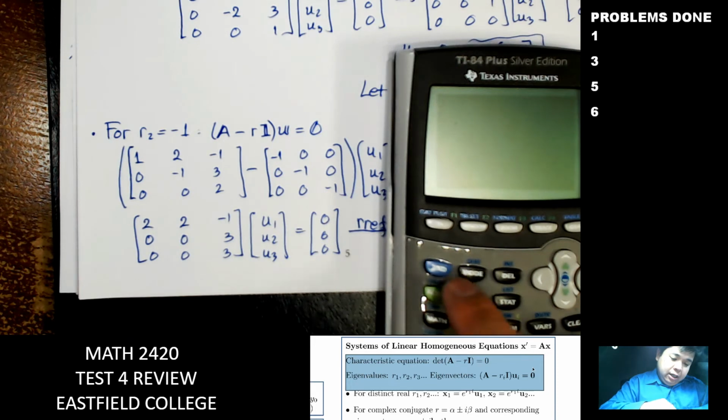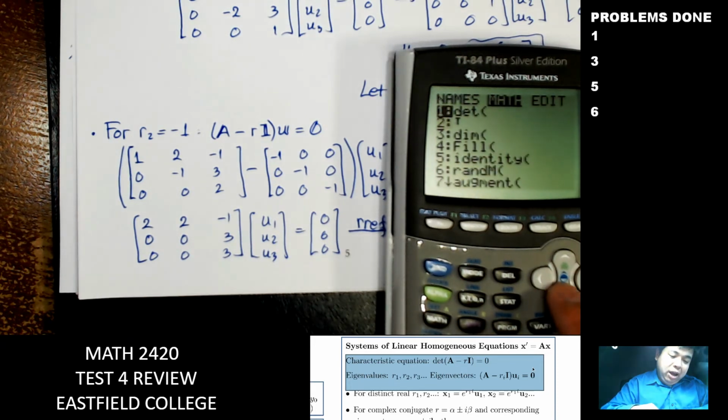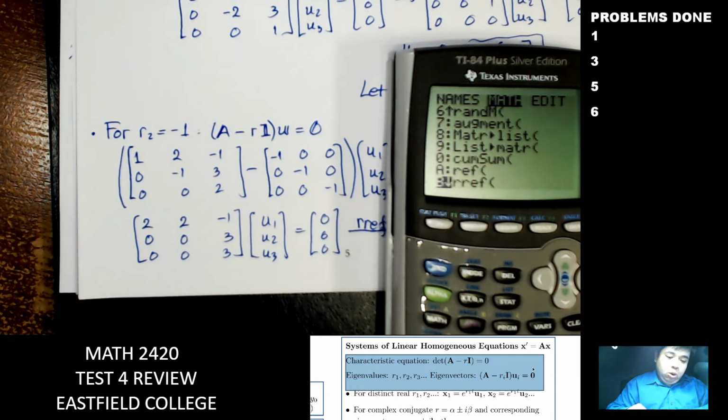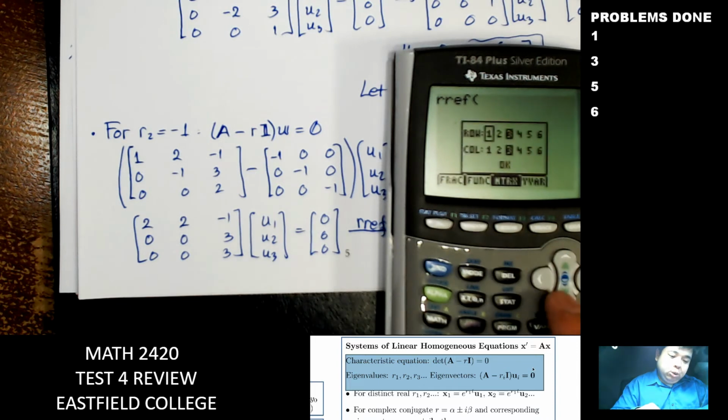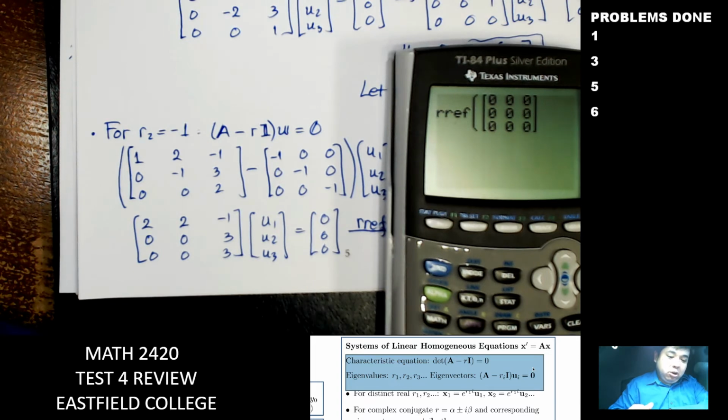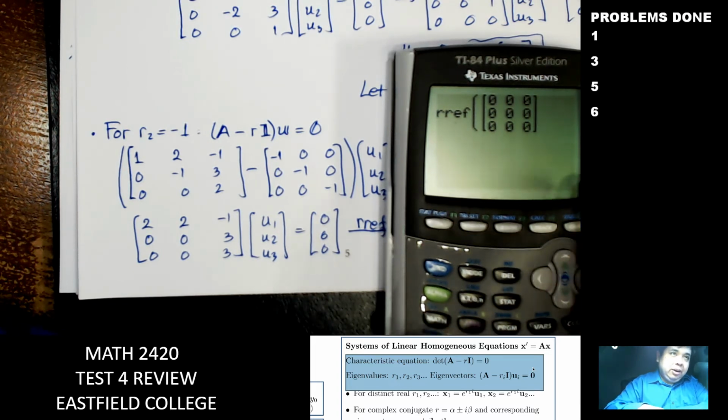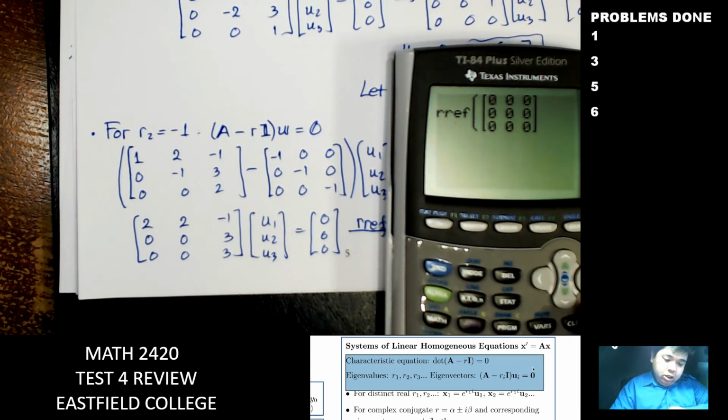So second matrix, go to math, go to RREF, alpha, zoom, 3 by 3 is good, click OK. Now we do not click enter anymore, just hit this key. So 2, 2, -1, 0, next, 0, next, 3, next. Once we're done, hit enter. Right, so we have 1, 1, and 0.